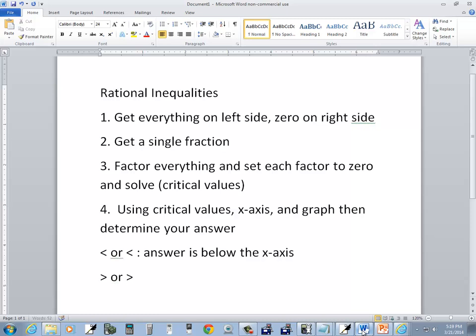If you got a greater than or equal to, your answer is above the x-axis. Okay, make that a less than or equal to, and make this one a greater than or equal to.